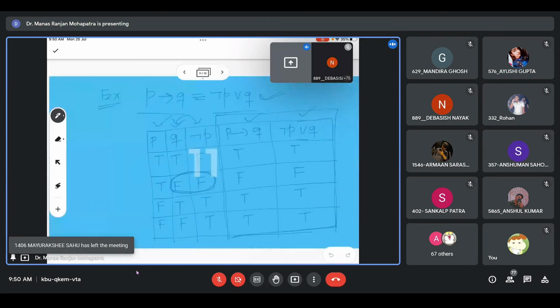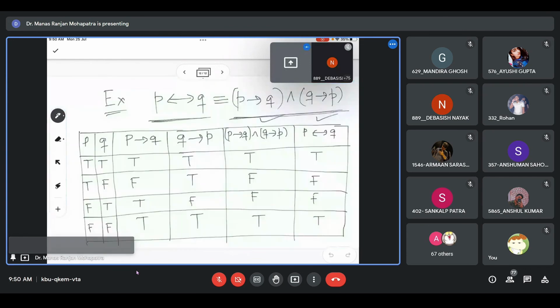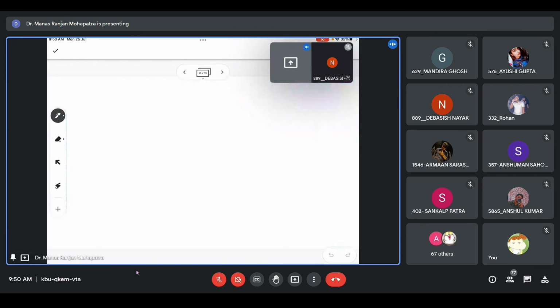Okay, there are so many equivalence statements. If you look at your book, I'll give you two more. Prove that the following statements are equivalent.